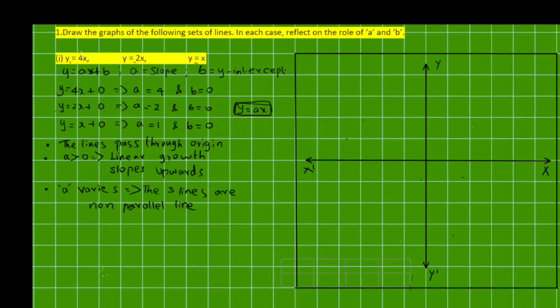Now take the three equations. First equation, y is equal to 4x. Let's find three coordinate points on this. Then we will plot the points and check how the lines are.